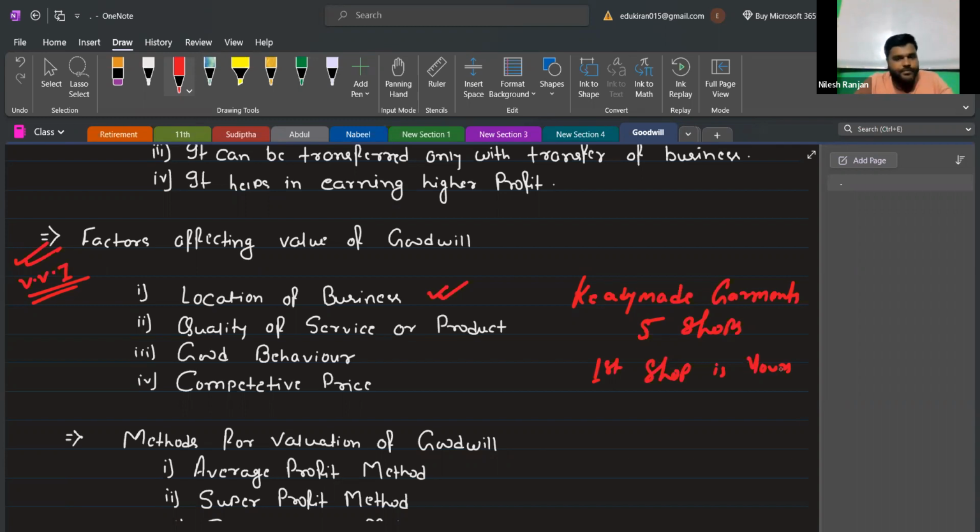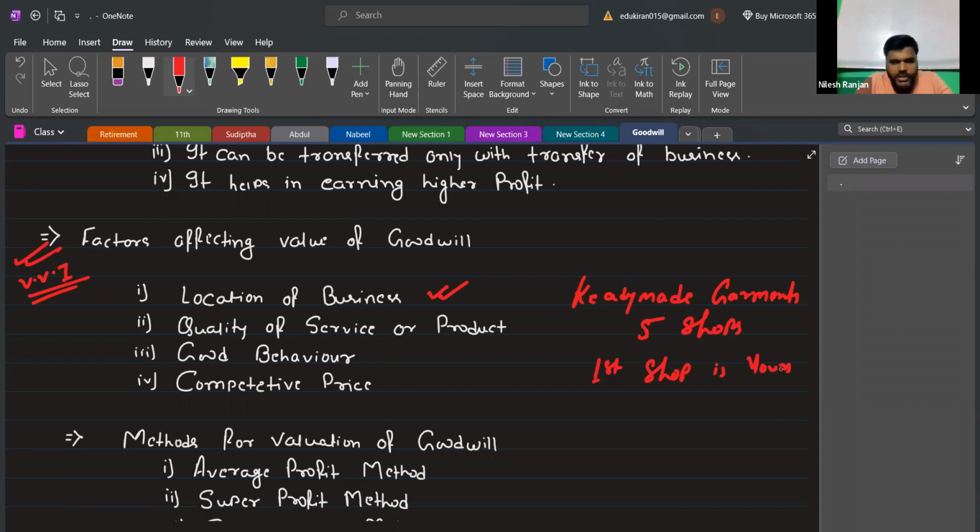If someone is charging a low price, but they sell you expired products, then will you visit that shop again or not? No, sir.